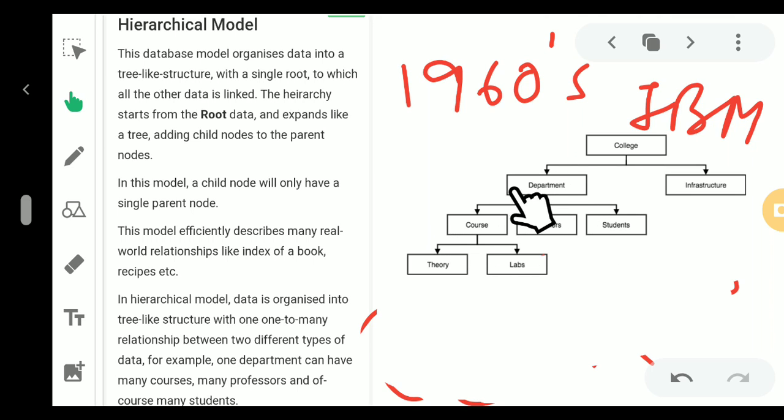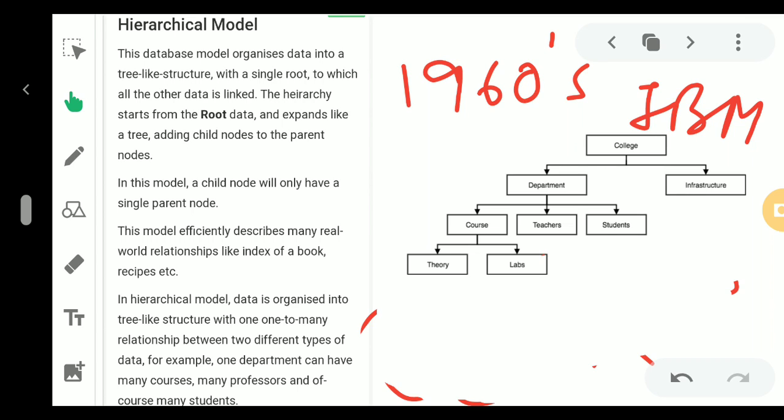So the department is a parent record. Each parent node has one or more child nodes, like the department having course, teacher and student. The top node, the college, is known as the root node. This is the basic structure of the hierarchical model.